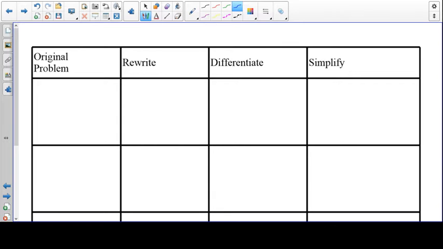So what I'm going to do is show you 4 different problems here. That's why you have the original problem spot 4 times. I'm going to show you how to rewrite it, then how to find that derivative and simplify it. So that first example there is going to be y is equal to 5 over 2x cubed.